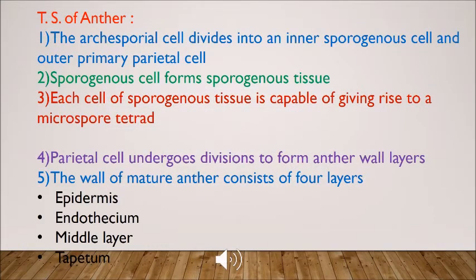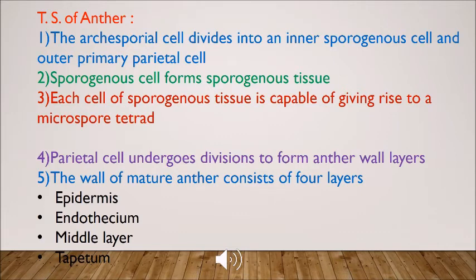TS of anther. TS stands for transverse section. A transverse section of the anther reveals four areas of tissue capable of producing spores. The archesporial cell divides into an inner sporogenous cell and outer primary parietal cell.